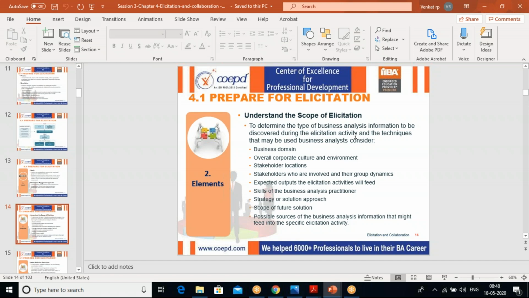Okay, and then the skills of the business analysis practitioners, and then the strategy or the solution approach, and the scope of the future solution, and possible sources of business analysis information that might feed into a specific elicitation activity. That means we have to consider all these points.